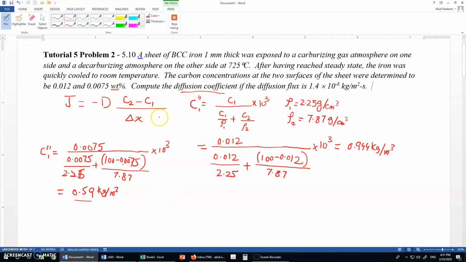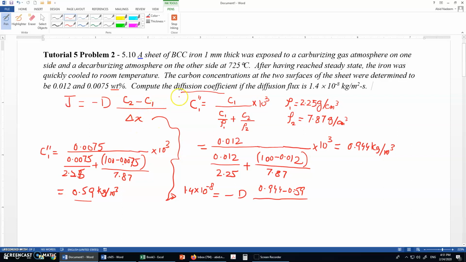So just input the values into this equation. J is 1.4 × 10^-8, equal to minus D times (0.944 minus 0.59) divided by delta x.